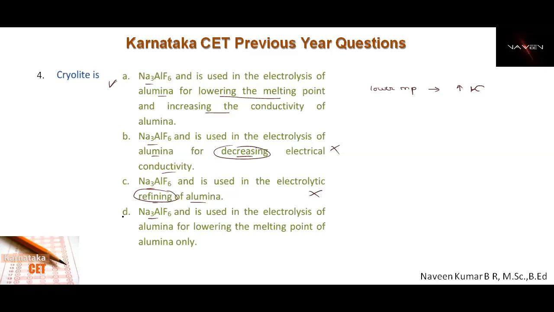Hence again it is not correct. Cryolite is Na3AlF6 and is used in electrolysis of alumina for lowering the melting point of alumina only. Not only alumina, it lowers the melting point of the complete molten mass. Whatever molten mass is there, its complete melting point is lowered. So alumina only is not correct. Hence the correct option is option A.